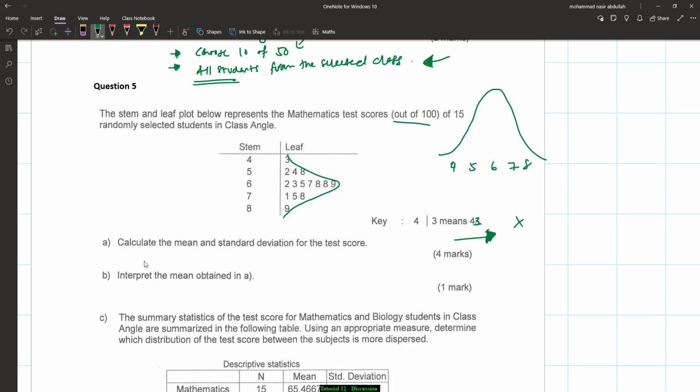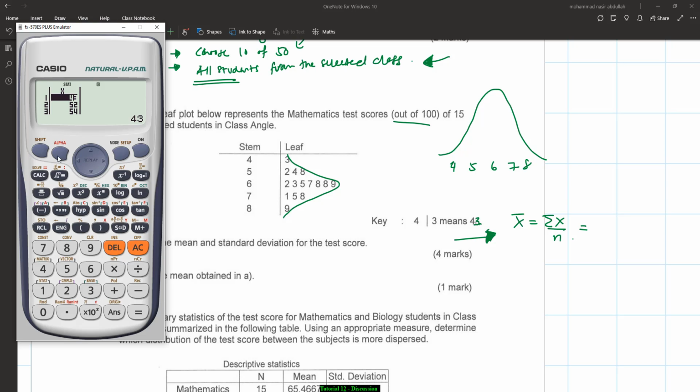So x bar should be equal to summation of x divided by n. So this one should be shift 1. Oh sorry, I belum tekan AC.